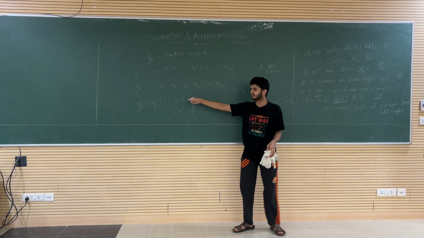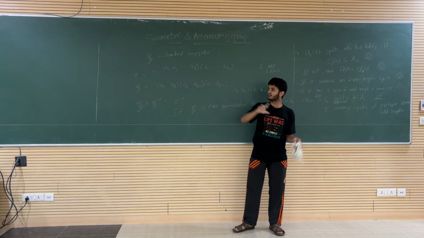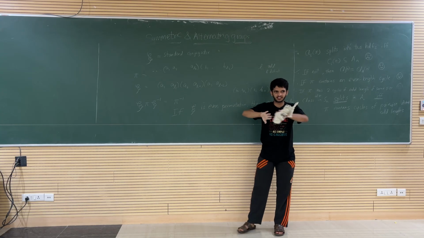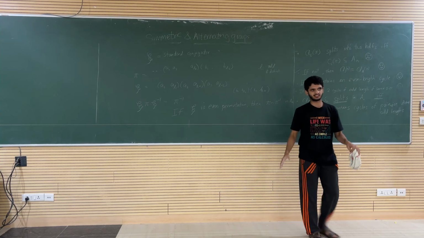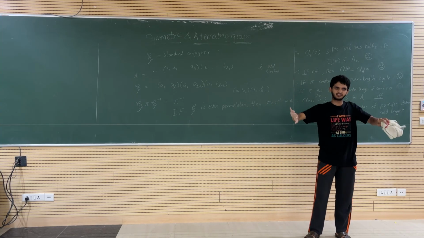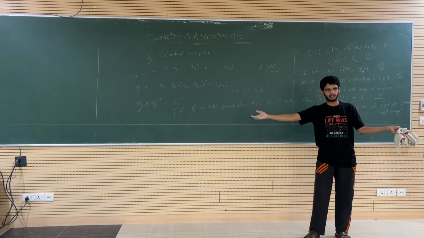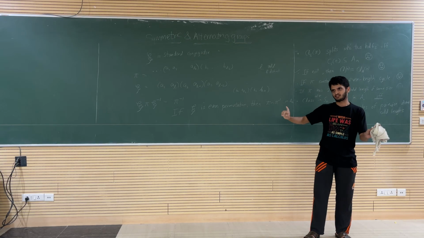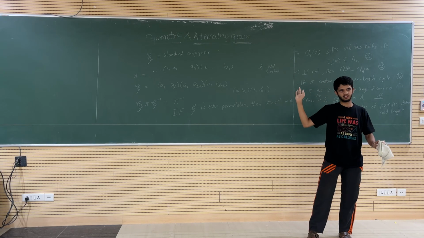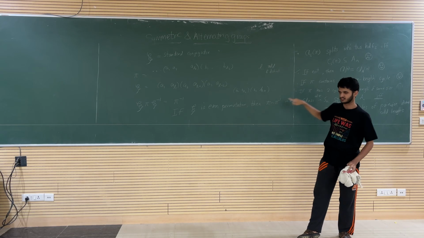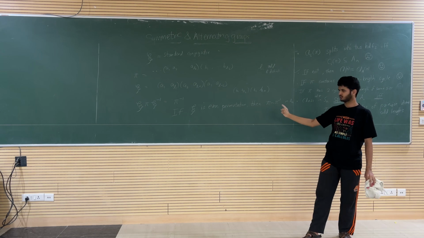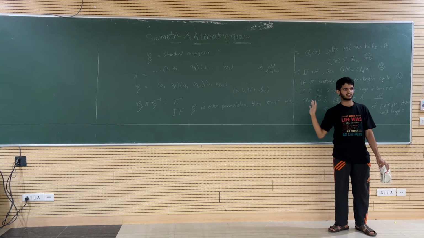When I conjugate, I am getting the inverse. So even if this splits the conjugacy class, inverses stay in the same conjugacy class. Just because it splits doesn't mean that pi goes one side and pi inverse goes to the other side. That happened in the case of A3, but in some cases it won't happen. This is the case: when your xi is even, then these two are conjugates.